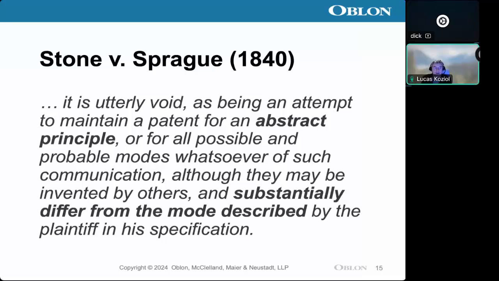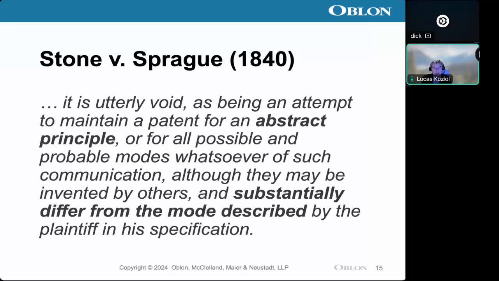In Stone v. Sprague, another 1840 decision, the patent at issue was directed to an improvement in looms, which are a type of sewing machine. The inventors had come up with a way of connecting two parts of the machine, the reed and the yard beam, such that when one of the parts was moved by the user, the other part also moved in a coordinated fashion.